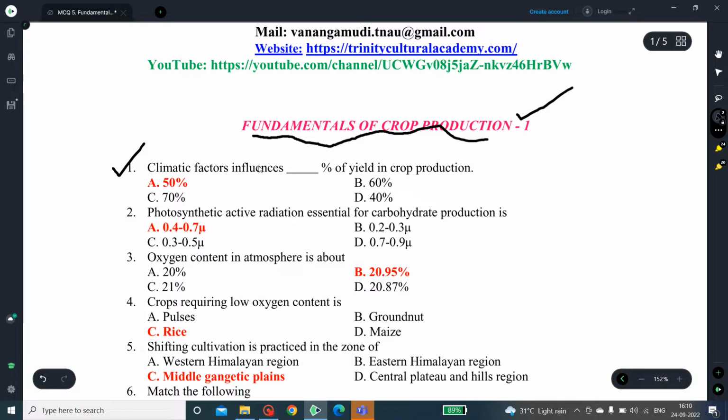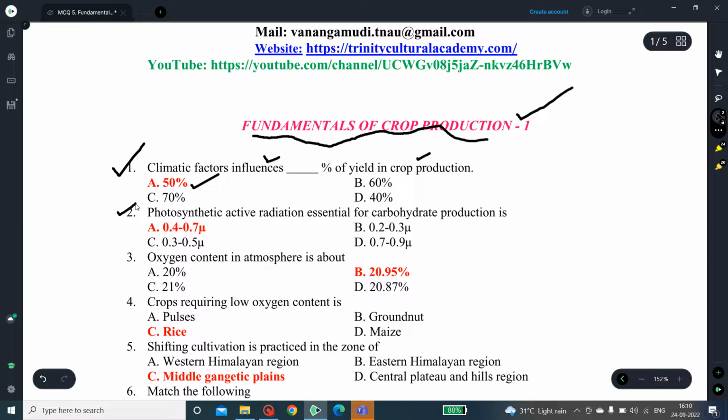The answer is 50%. So 50% of the total crop yield is highly influenced by the climatic factors.